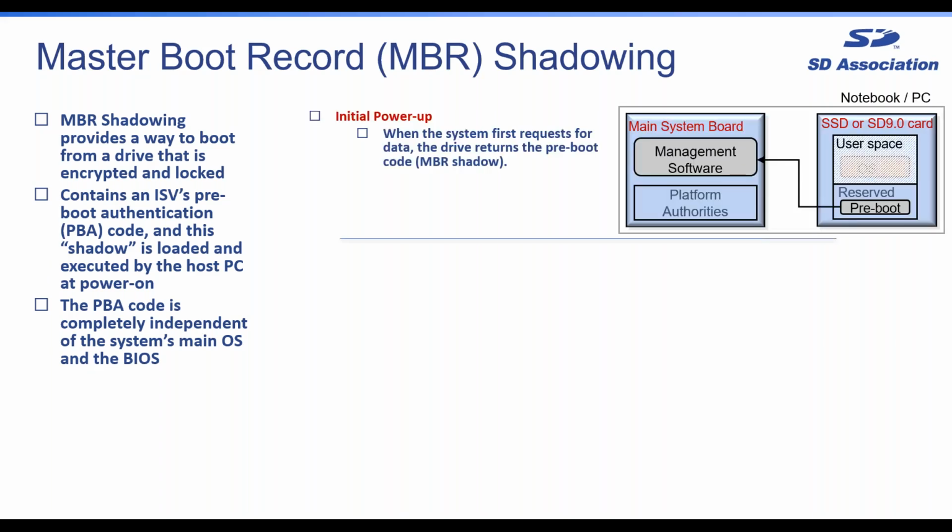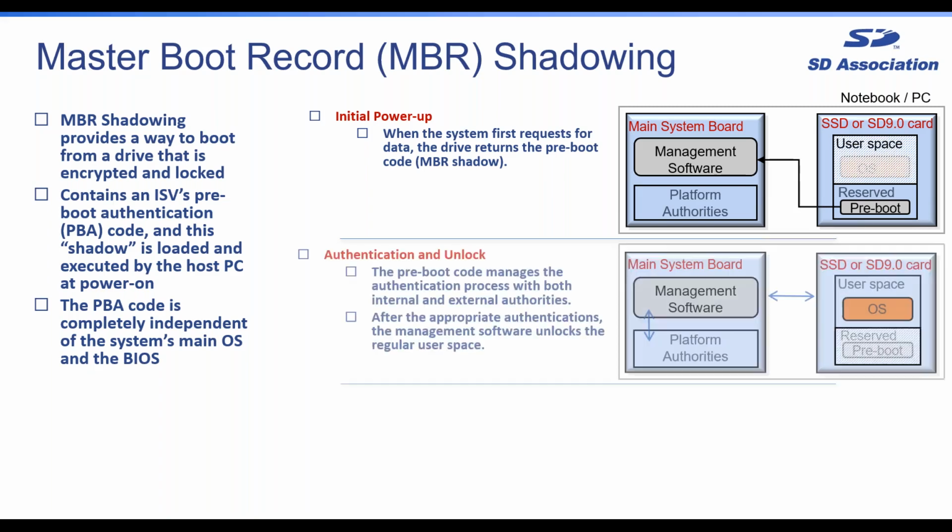So basically, when a system first requests data, or there is an access to the drive, it returns this pre-boot code, the MBR shadow, that is governed by the ISV. The pre-boot code manages the authentication process with both internal and external authorities.